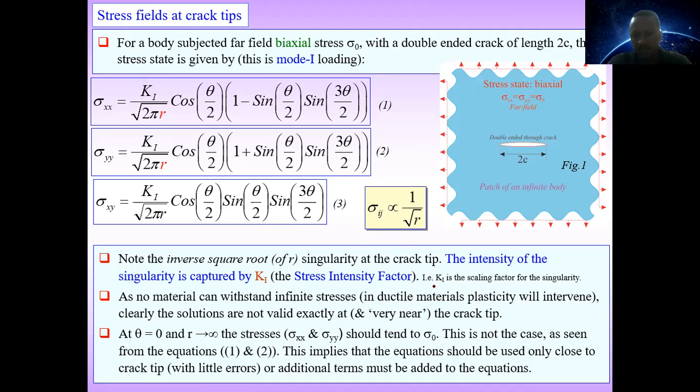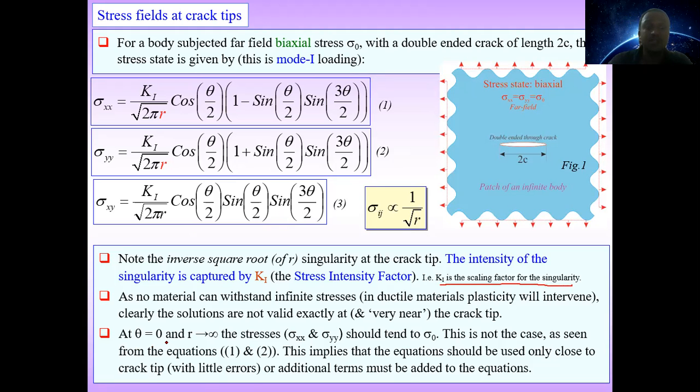Ki is the scaling factor for the singularity. This is the meaning of Ki. As no material can withstand infinite stress, in ductile material plasticity will intervene. Clearly, the solutions are not valid exactly very near to the crack tip.